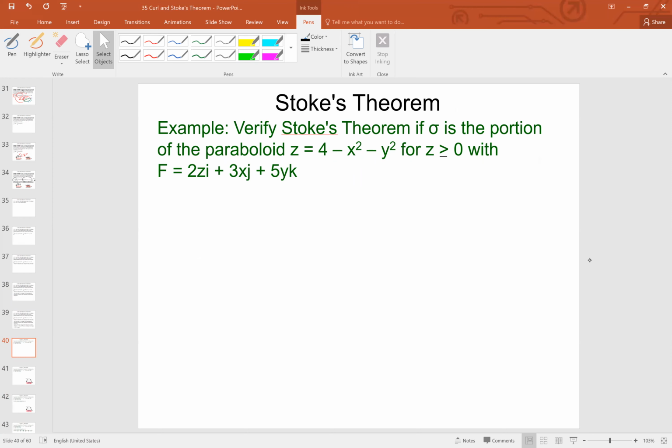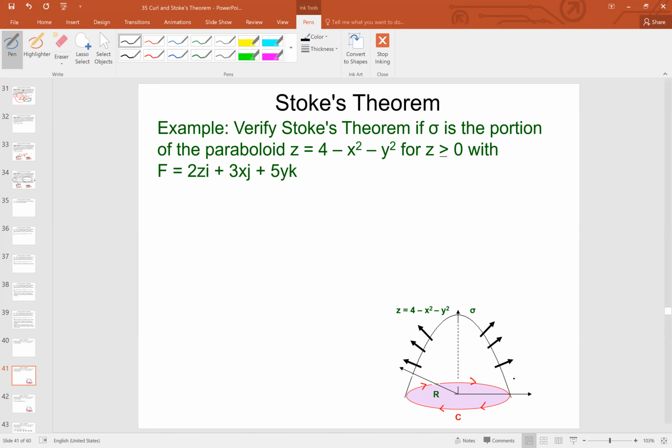The surface is a ball sitting upside down like that. Sigma is the surface. And the boundary C is the red curve, going around counterclockwise as we look at it from the bottom.